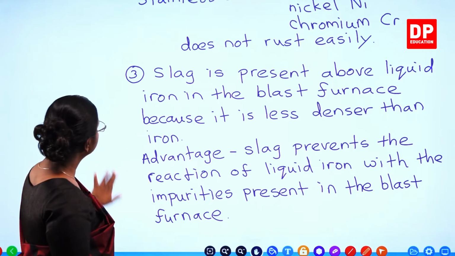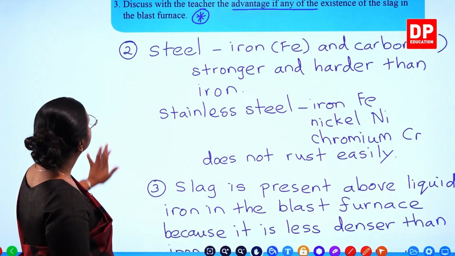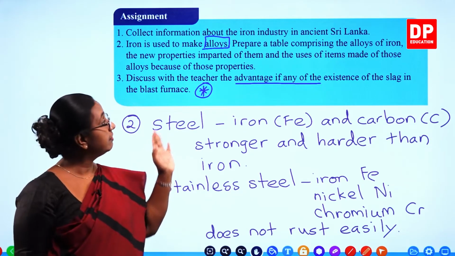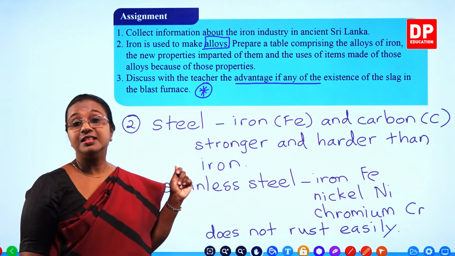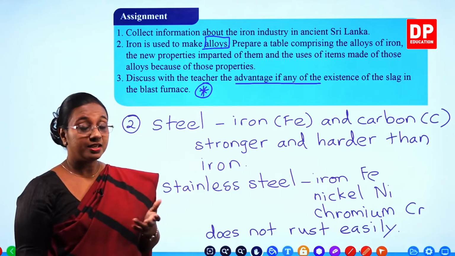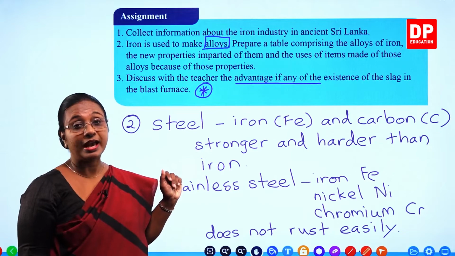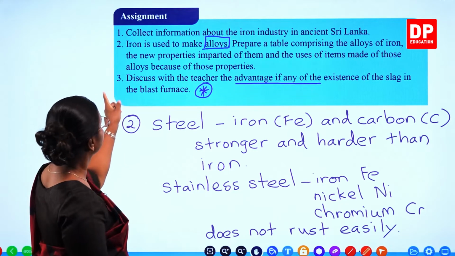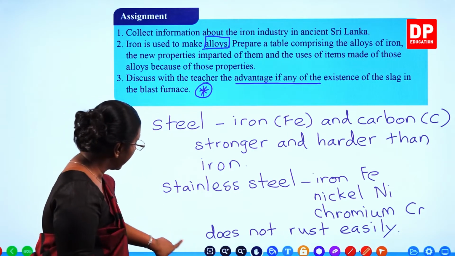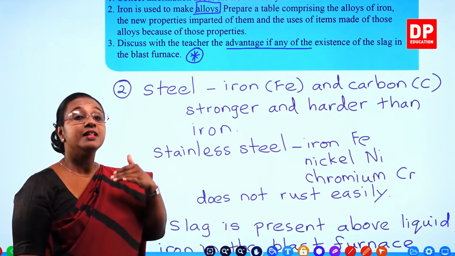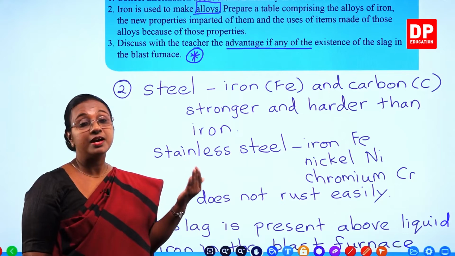So here students, there are 3 parts to the assignment. One is to collect information regarding iron industry in ancient Sri Lanka. That I told you all we had some information. In addition to that, you can refer up some more information. Then alloys also, I introduced only 2 alloys to you all, but as I said, there are so many other types of alloy.